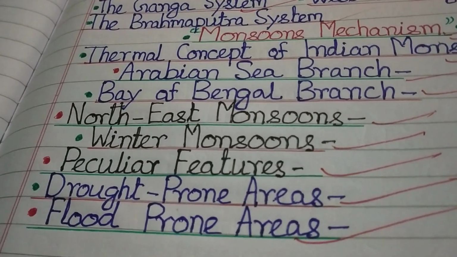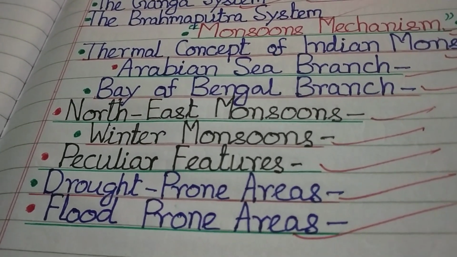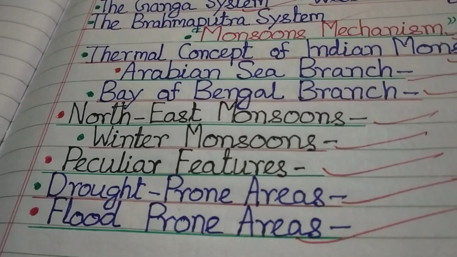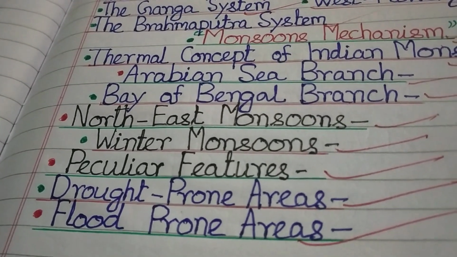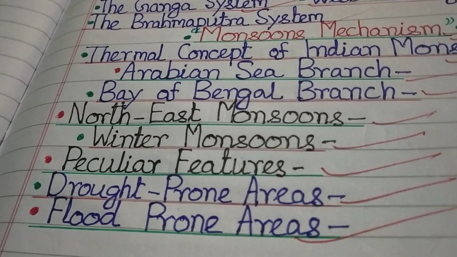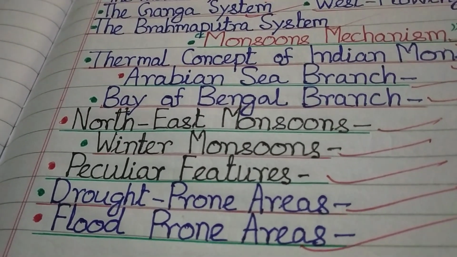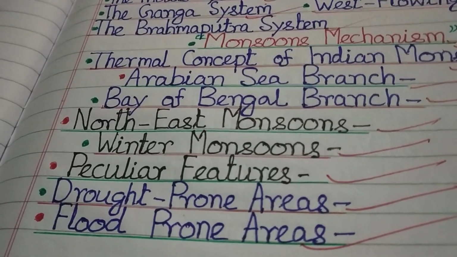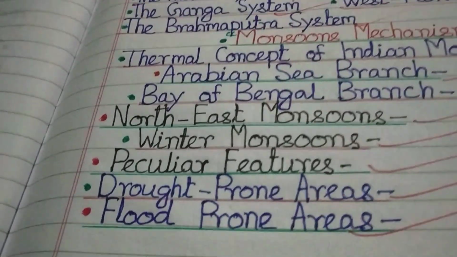Some of the currents from the Arabian Sea branch manage to proceed towards the Chotanagpur Plateau through the Narmada and Tapti gaps. These currents ultimately unite with the Bay of Bengal branch.